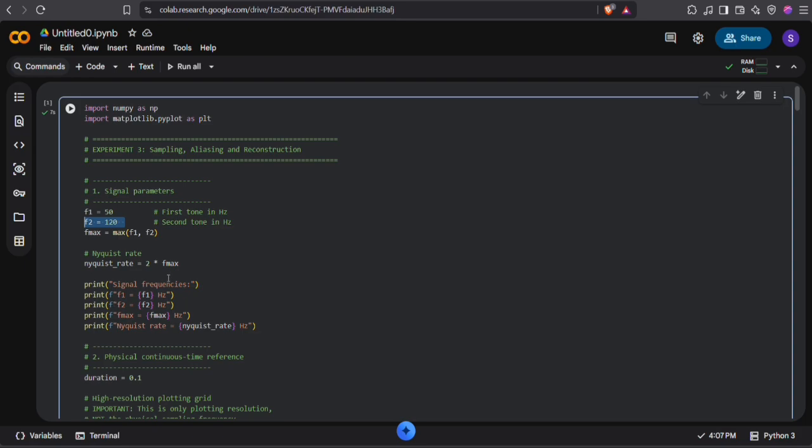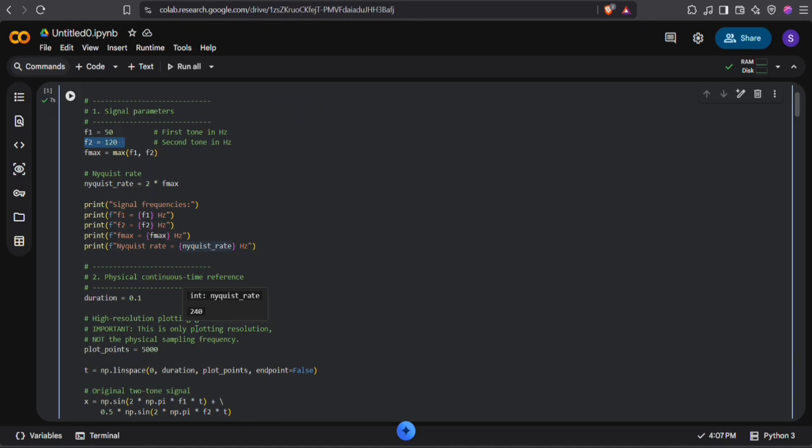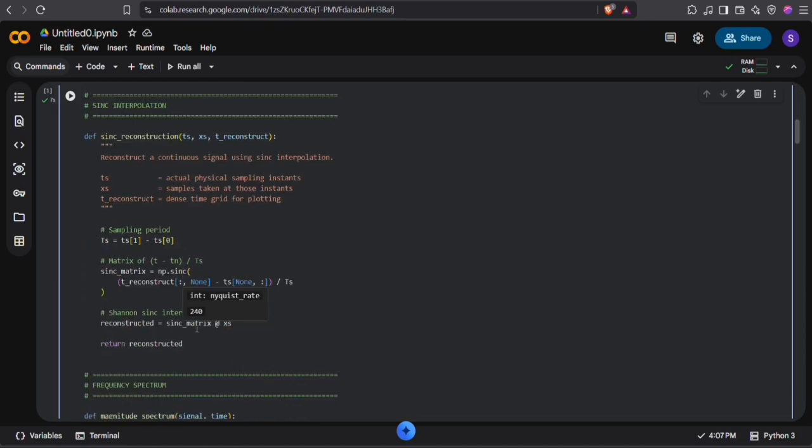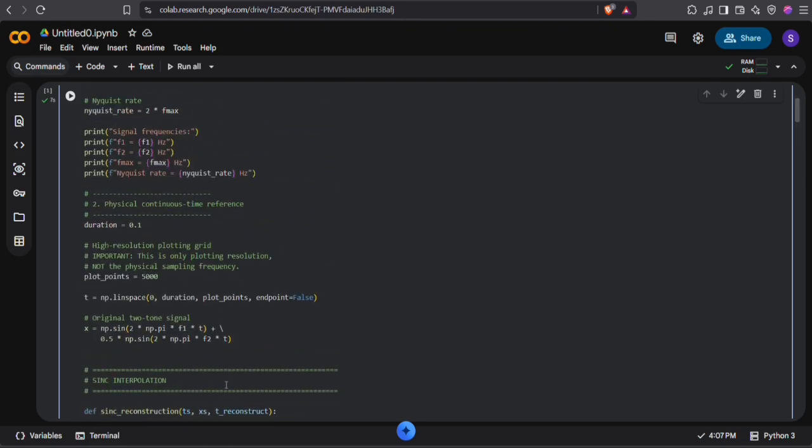The signal used in this experiment is x(t) = sin(2π f1 t) + 0.5 sin(2π f2 t). Since 120 is my highest frequency, Fmax is 120. Therefore, the Nyquist rate is 2 multiplied by 120, which gives 240.